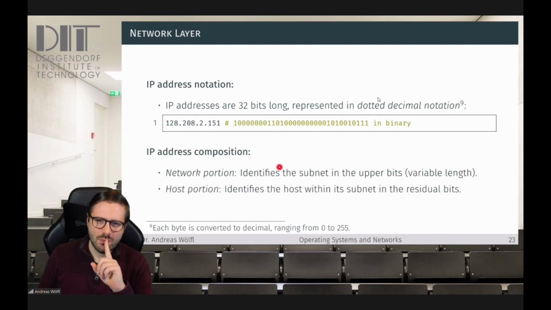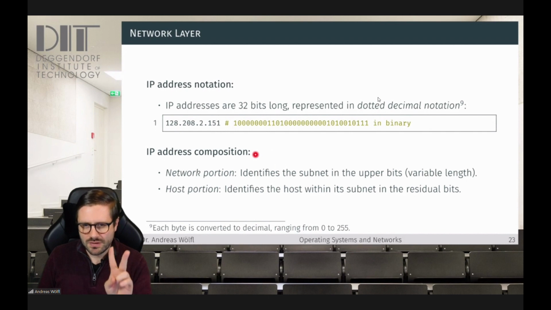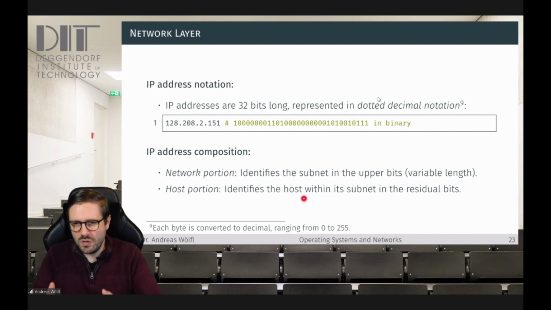Now we come to a part where a couple of you do not know that an IP address carries two values. An IP address is composed of a network portion and a host portion. The network portion identifies the subnet the host is in, and the host portion identifies which actual host within the subnet is addressed. So the addressing mechanism is twofold.